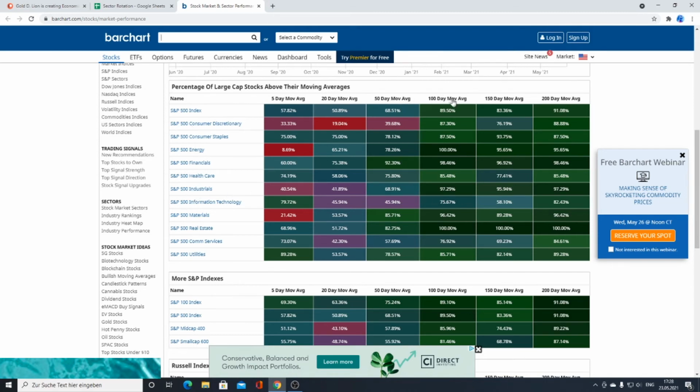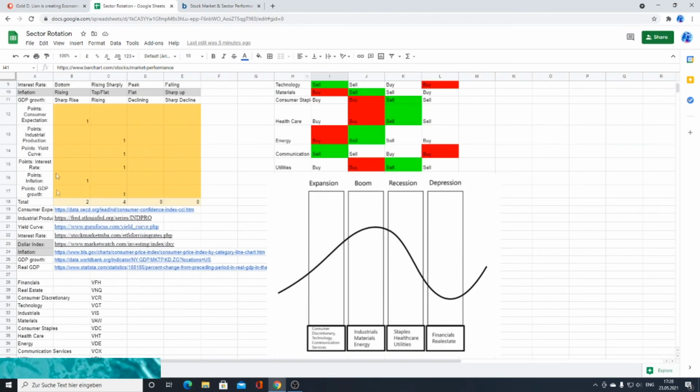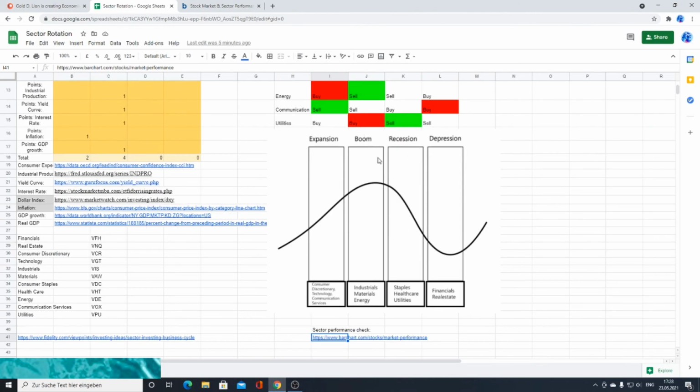And we can see that in the 150-day average. So looking at our bar chart here to double check, we can confirm that our indicator is right and that we are in a mid-boom phase of the cycle.